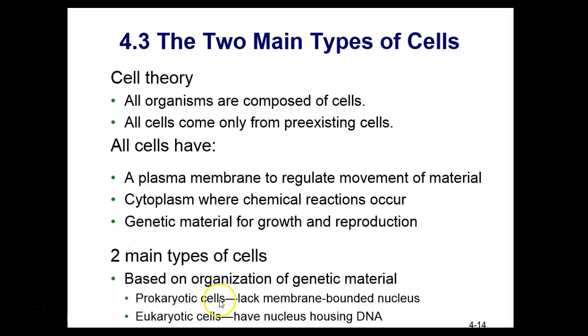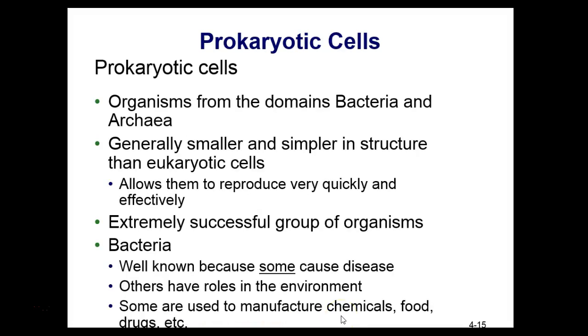As you can see down here, the prokaryotic cells, which are your bacteria, lack the membrane-bound nucleus, but they have the genetic material, DNA, they just don't have a nucleus. Us, we are eukaryotic cells as well as plants, we do have this nucleus, which is responsible for housing our DNA.